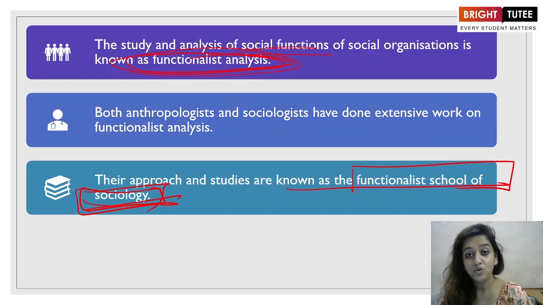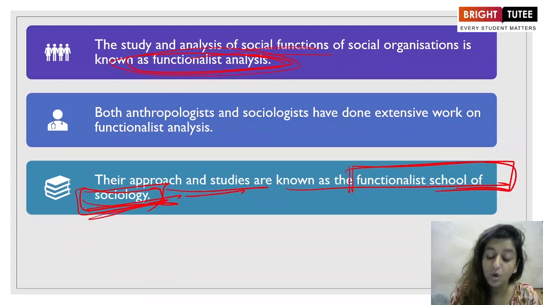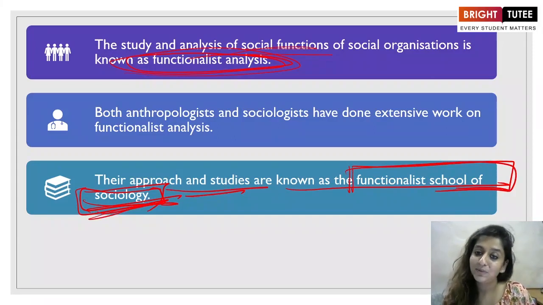So, the functionalist school of sociology is wherein the anthropologists and the sociologists have studied the social functions of the social organization. The study and analysis of the social functions and this approach of study is known as the functionalist school of thought. An important aspect for you to remember for your further lectures and for your further higher education as well.